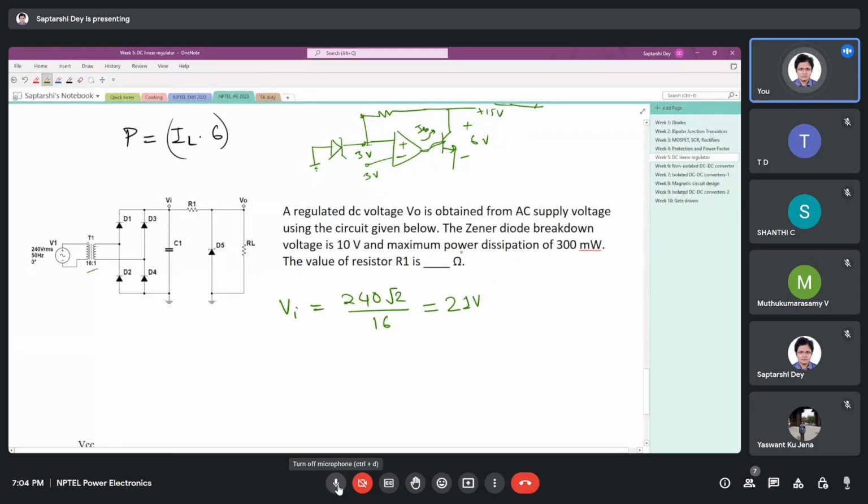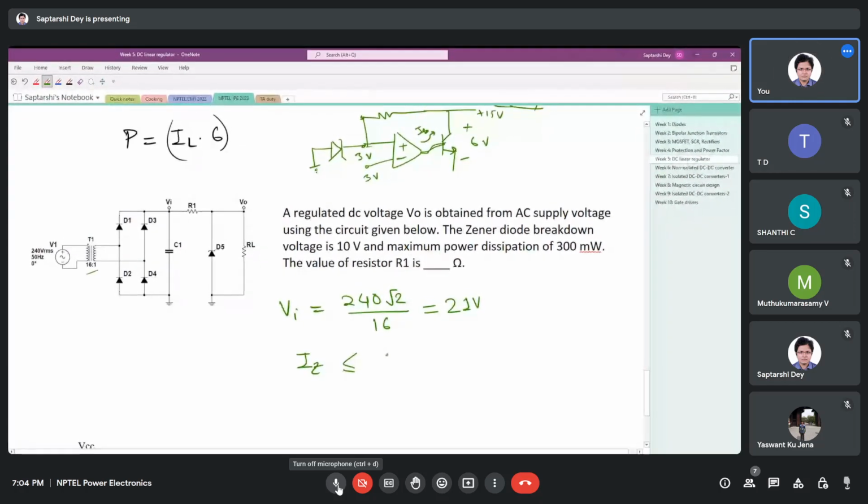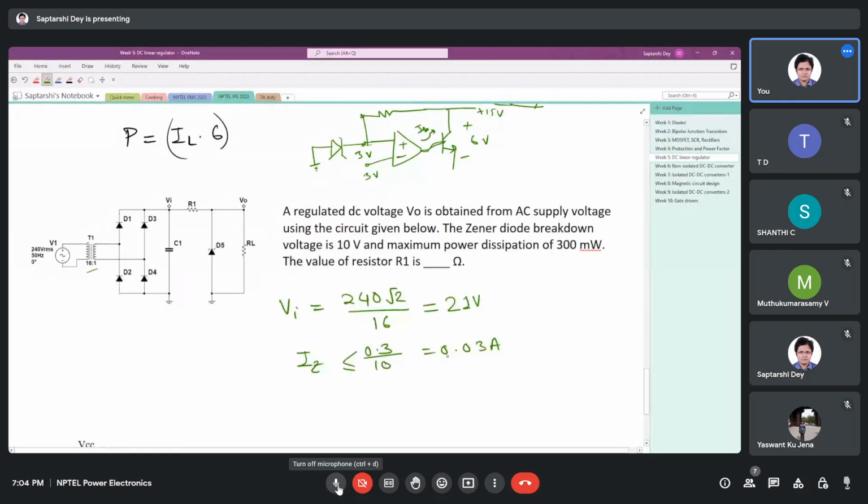The Zener breakdown voltage is 10 volt. Maximum power dissipation is 300 milliwatt. So maximum Zener current is 0.3 by 10, 0.03 ampere.